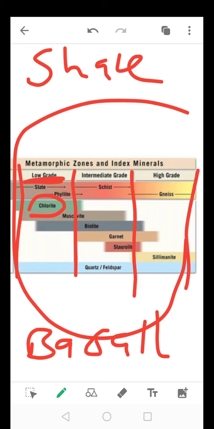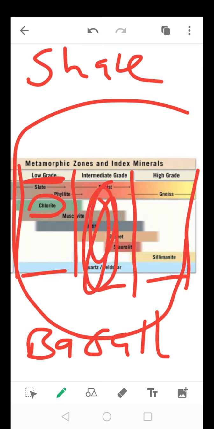These areas are called metamorphic zones. Now, a metamorphic zone is a region bounded by the first mineral appearance, like I said.